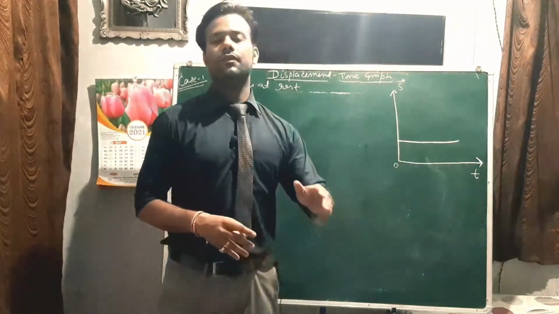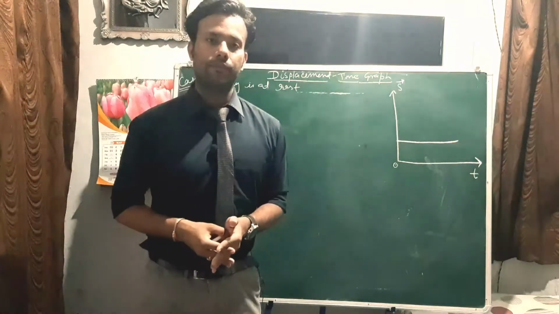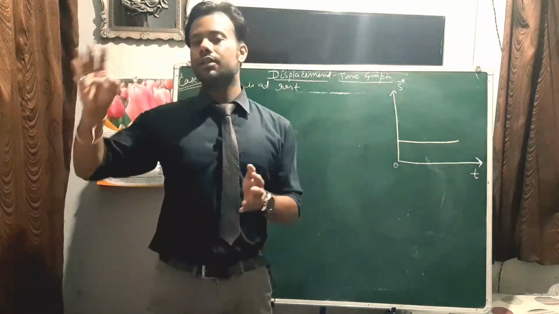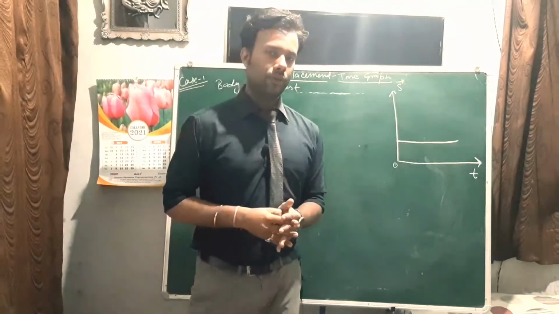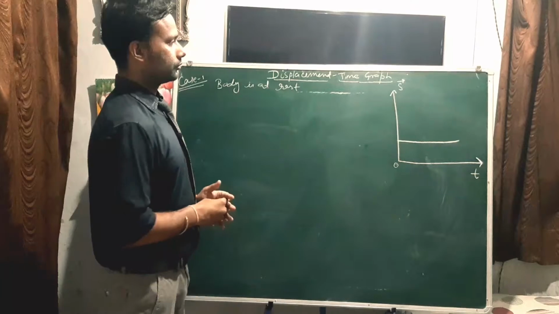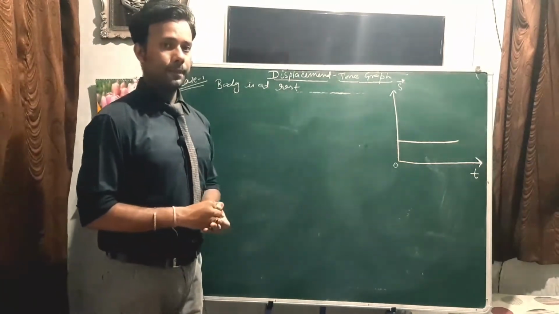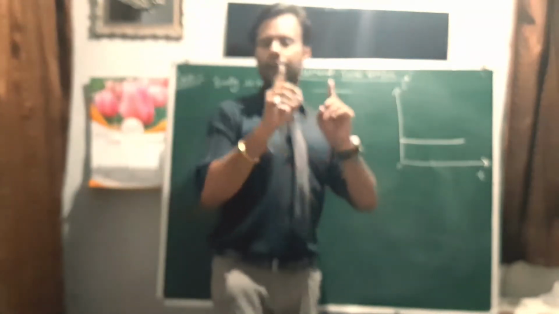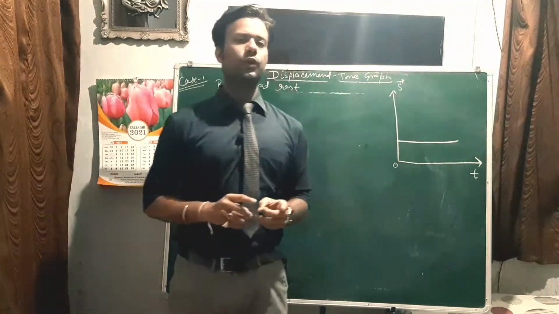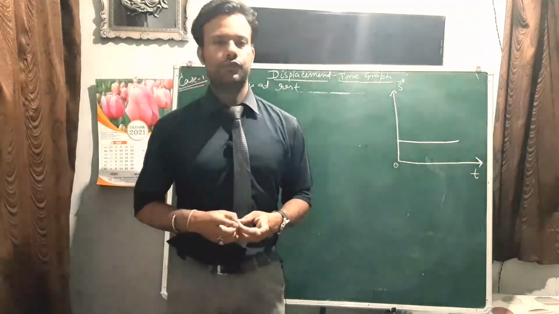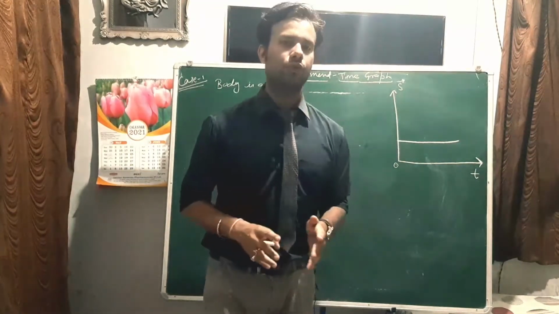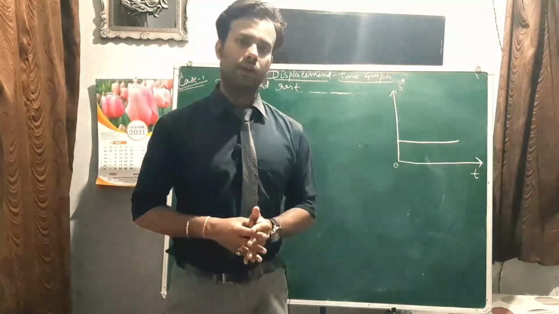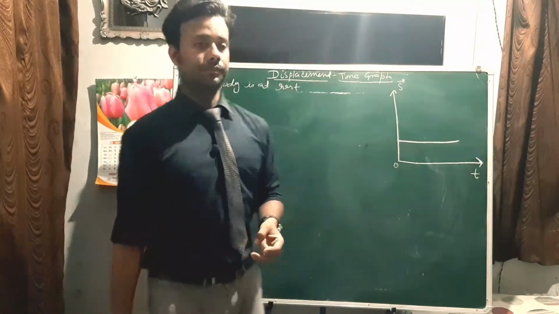This is the displacement. We can say this is the initial position of the body. The body was already placed at some height or at some distance from the origin point. So this is your first case, when the body is at rest. Now, if you remember, I made a table. In that table, I told you that the slope of the displacement time graph shows the velocity of the body. So what is the slope of the graph here?